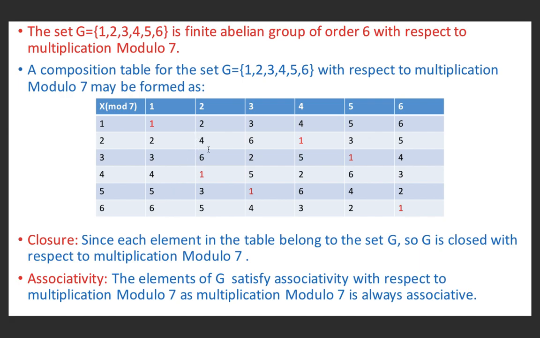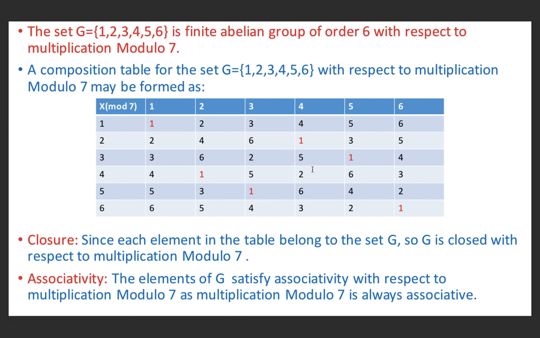The elements on the right of 4 in the second row are 6, 1, 3, 5, and below 4 in the second column are 6, 1, 3, 5, which are also identical. The elements on the right of 2 in the third row are 5, 1, 4, and in the column are also 5, 1, 4. So these elements are identical.